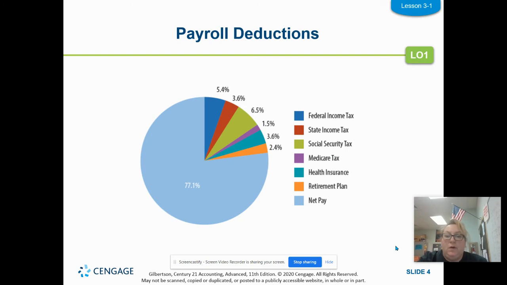Here is what typical payroll deductions for employees look like. You have your federal income tax, which is at 5.4%, somewhere around there. It depends on your state. States have their own income tax. Here in Idaho, where I'm at, the state income tax is 6.9%. We have your Social Security tax, which is 6.2, and Medicare is 1.45.